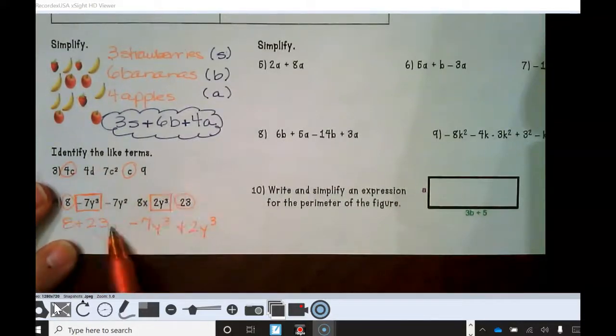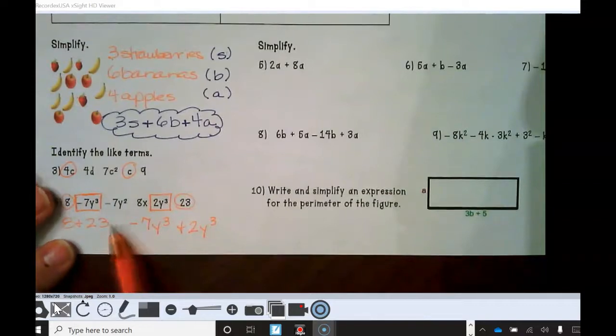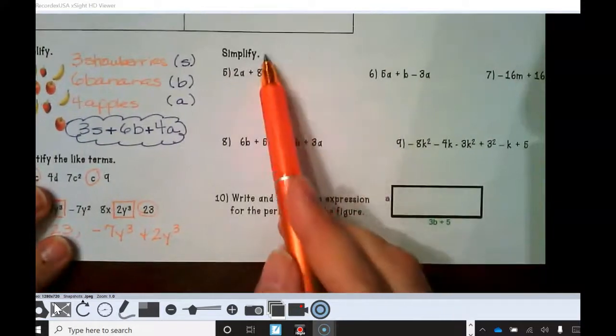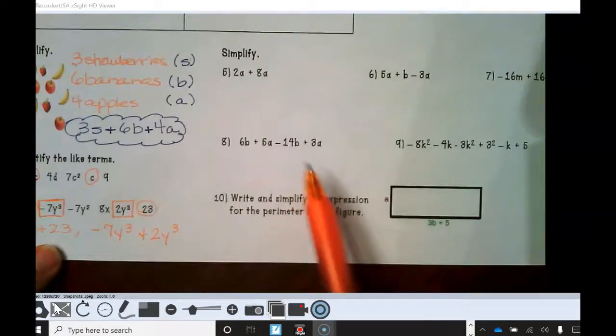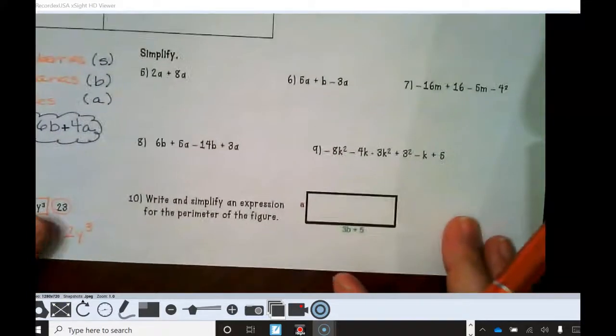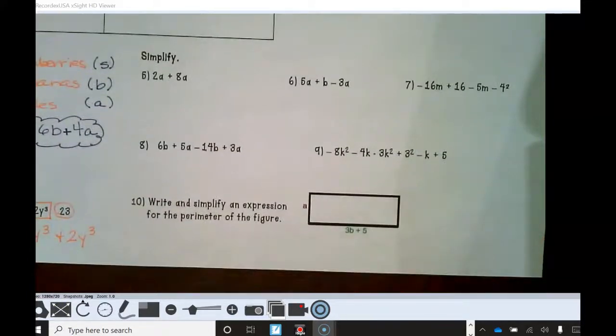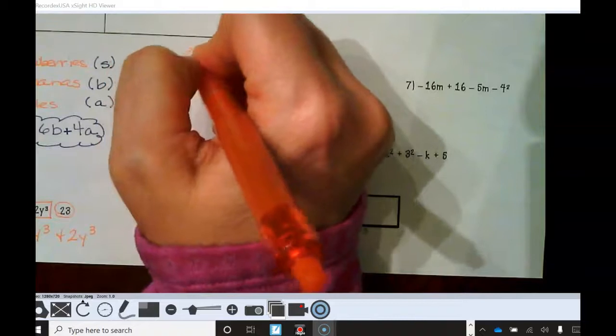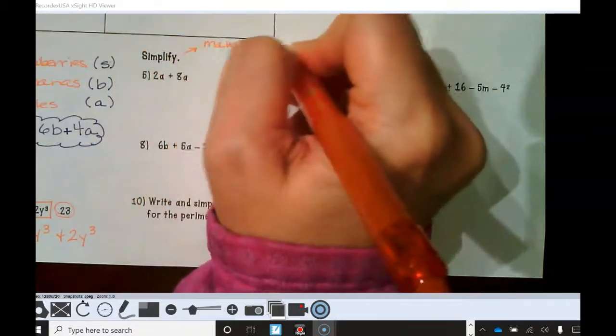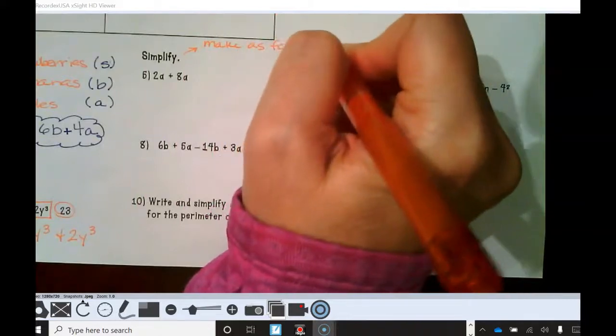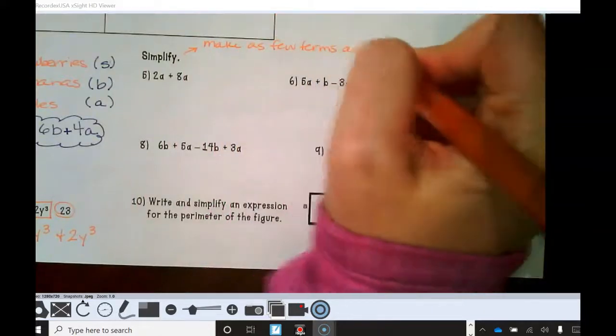This is an important concept when you're looking at simplifying expressions that have lots of terms or only 2 terms. When we're talking about algebraic expressions, you've got to look at the variables. Simplify means to make as few terms as possible.